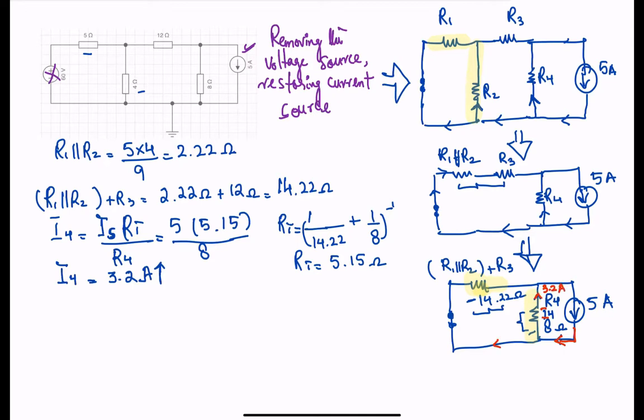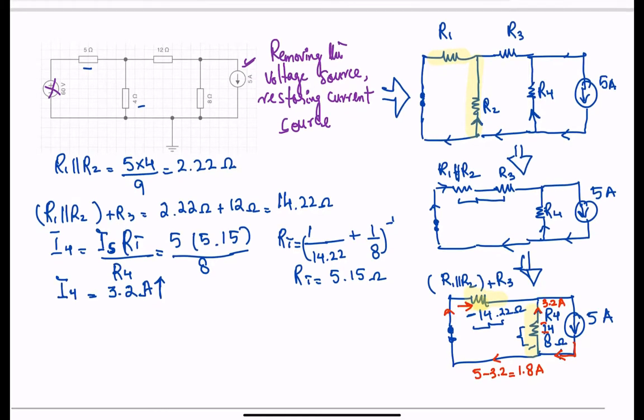Then the current flowing in the other direction is going to be 5 minus 3.2, which is 1.8 amps. So the 1.8 amps is flowing across this resistor over here. So here you have 5 amps.